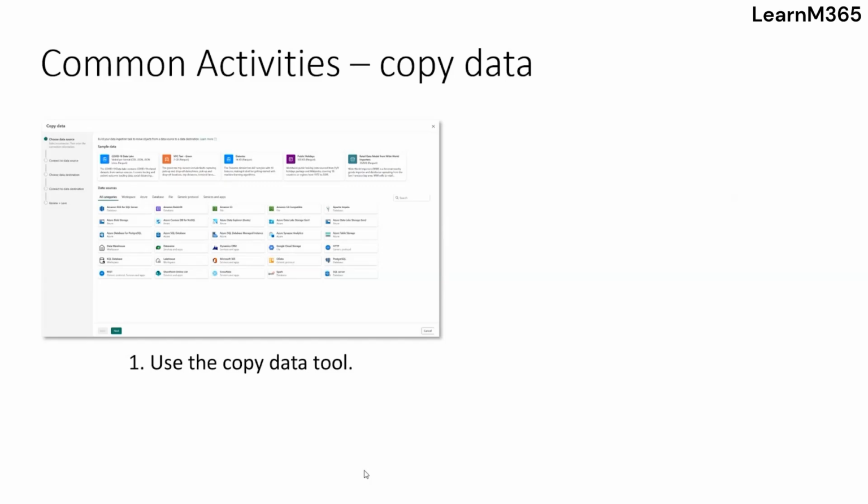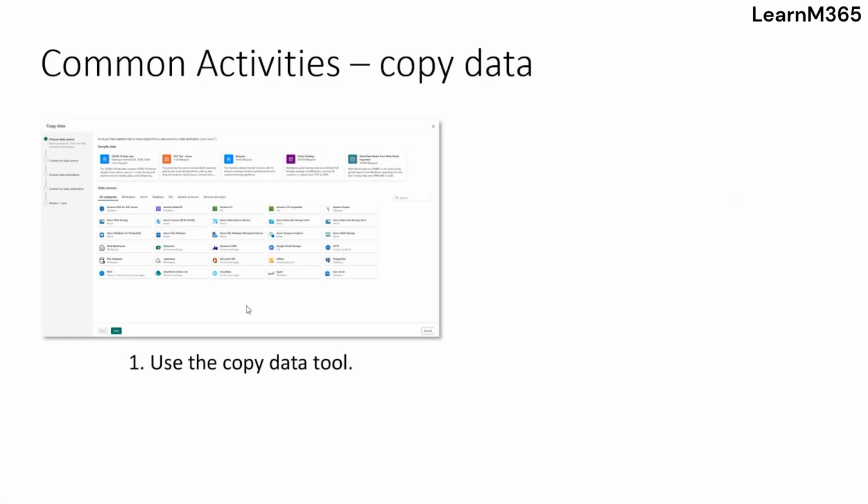So, when we talk about the copy data activity, it is one of the most common uses of a data pipeline, and many pipelines consist of a single copy data activity that is used to ingest data from an external source into a lakehouse, a file or table. Firstly, we use the copy data tool.